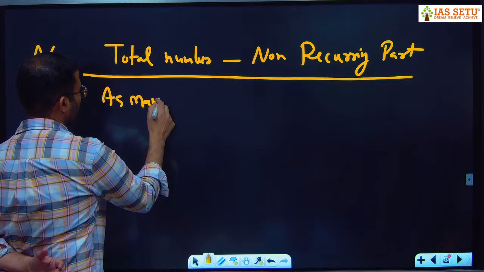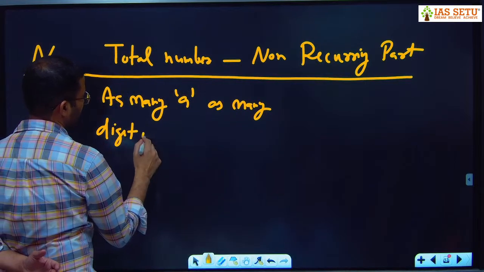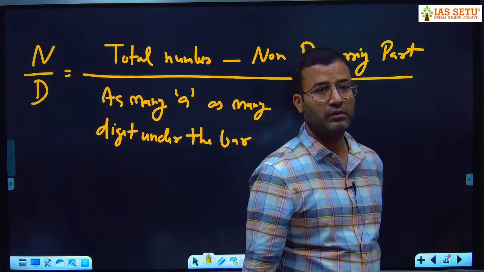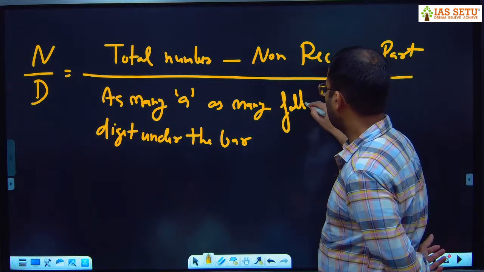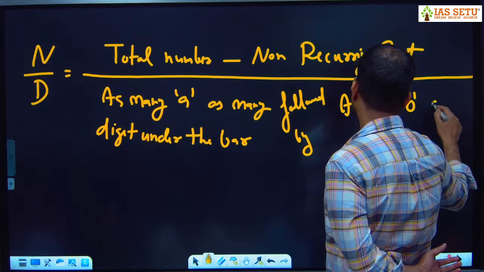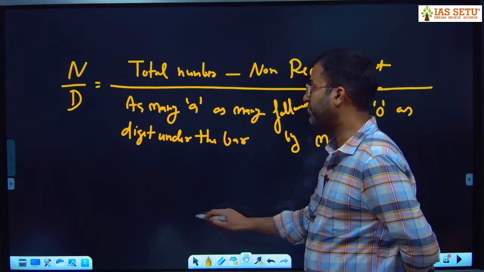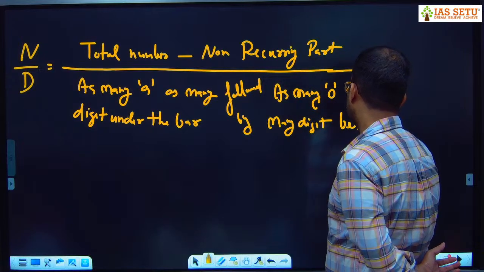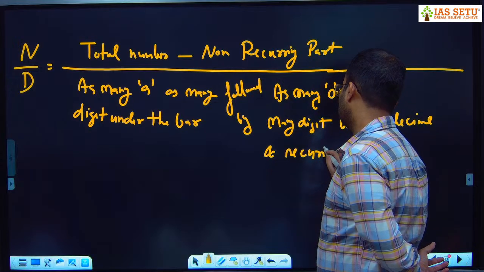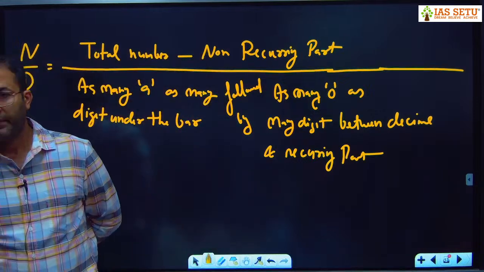As many 9s as many digits under the bar, followed by as many 0s as many digits between decimal and recurring part. For the digits between decimal and recurring part, put 0s. Any doubt?